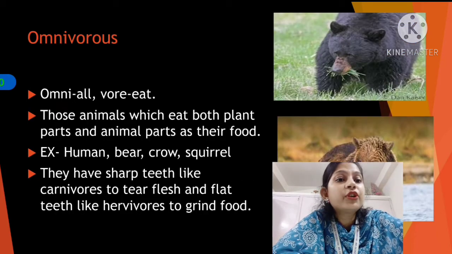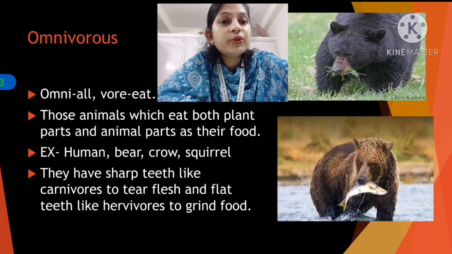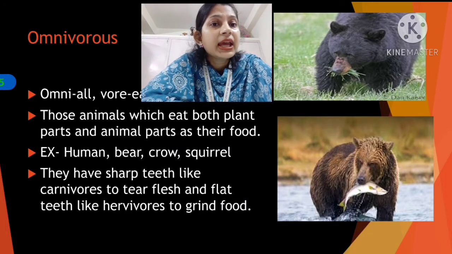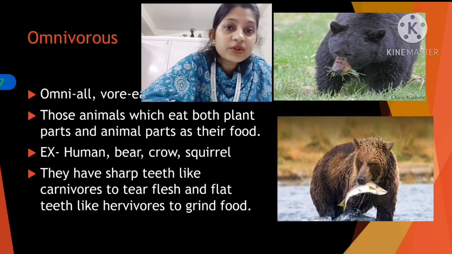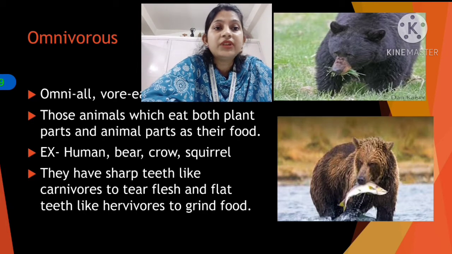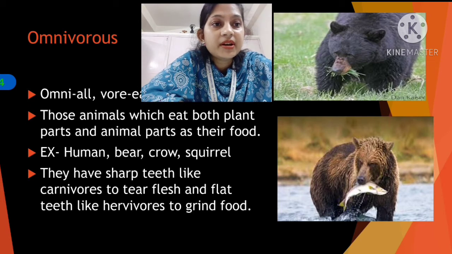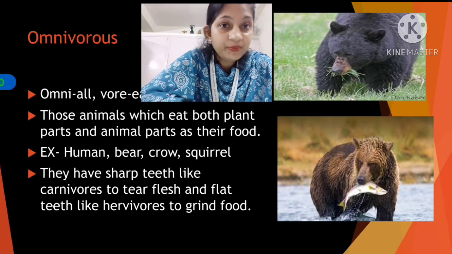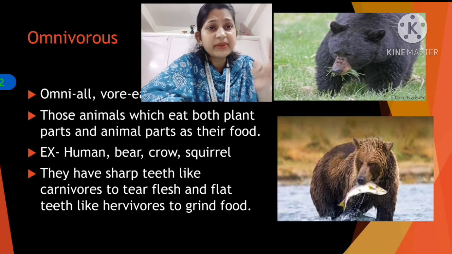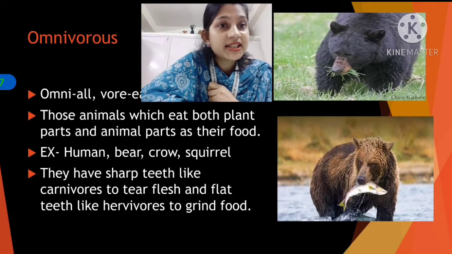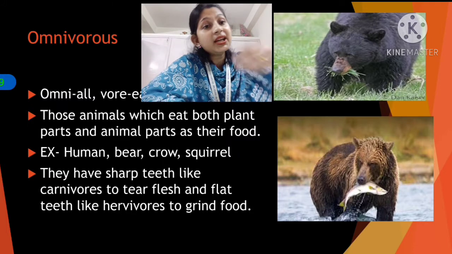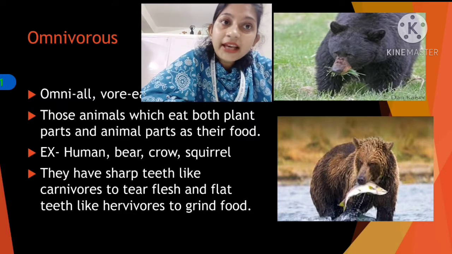Now let us move to omnivorous. What do you mean by omnivorous? Omni means all. They can eat both plant parts like fruits, leaves, as well as animals. See here, bear. Here it is eating grasses. In the second picture it is having fish. So they are having a mixture of teeth, like carnivorous to tear flesh as well as grinding flat teeth like herbivorous.